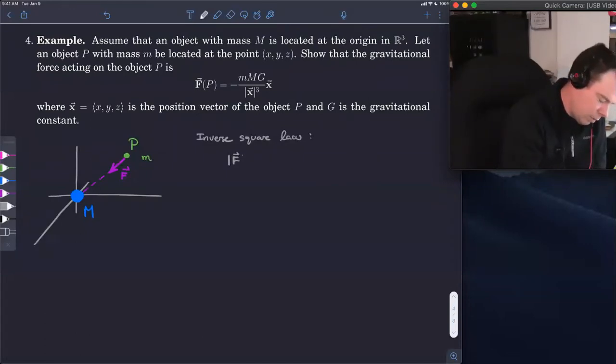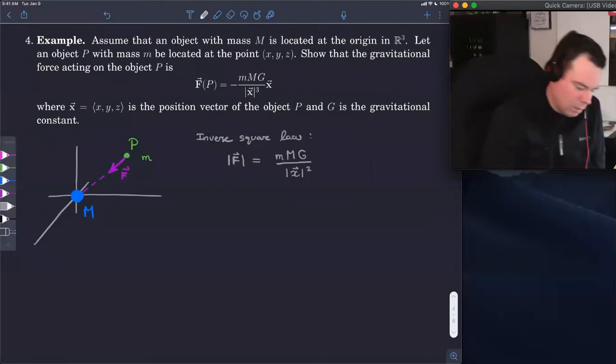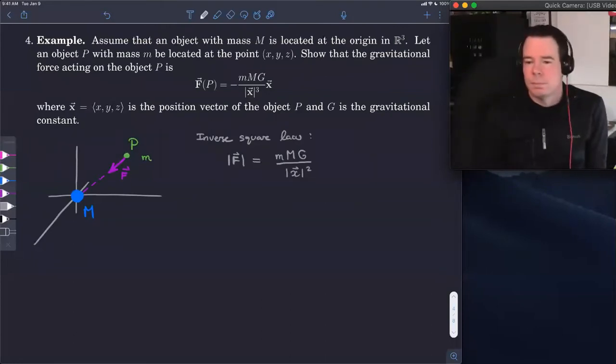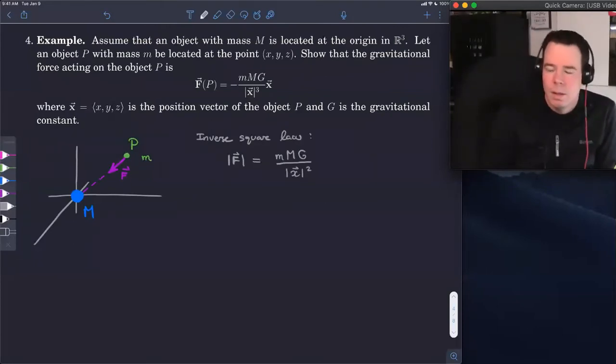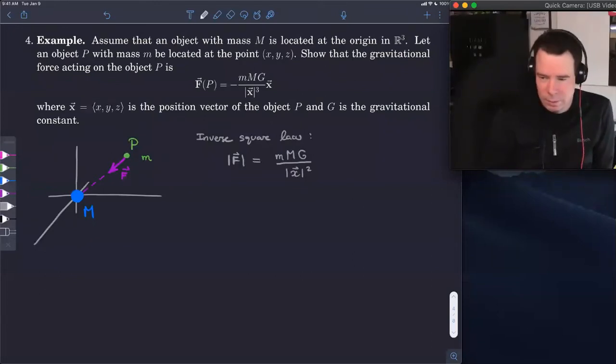The magnitude of it is equal to little m, big M, this gravitational constant, capital G, over the distance between the two masses squared. That's the inverse square law.